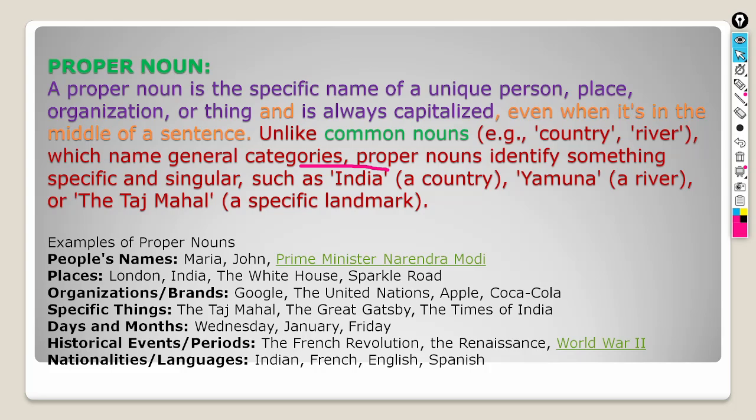Days and the months are also proper nouns, like Wednesday, months like January, etc. Historical events or periods are also proper nouns like the French Revolution, the Renaissance, World War II.